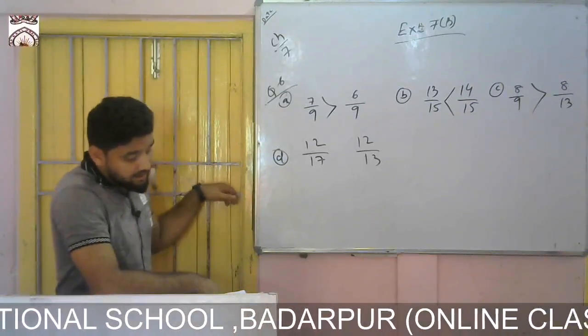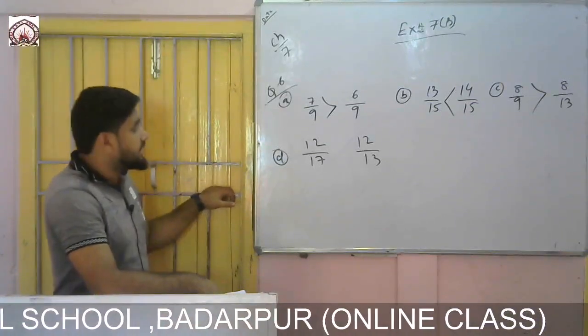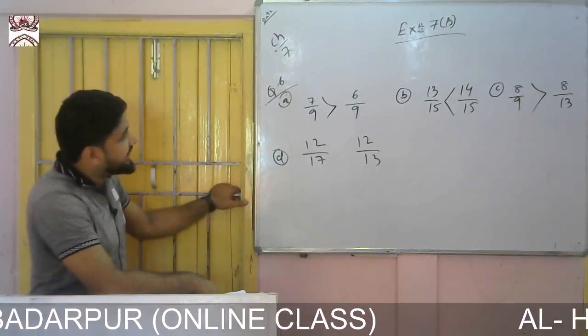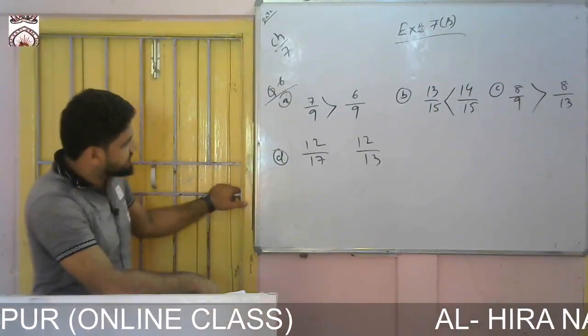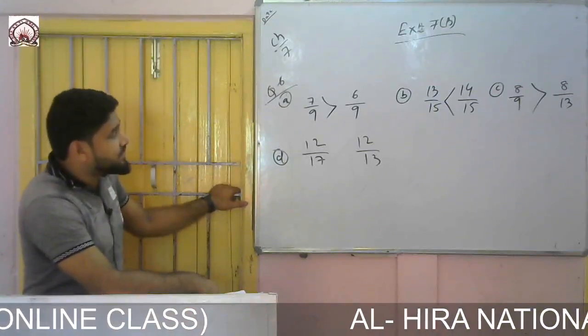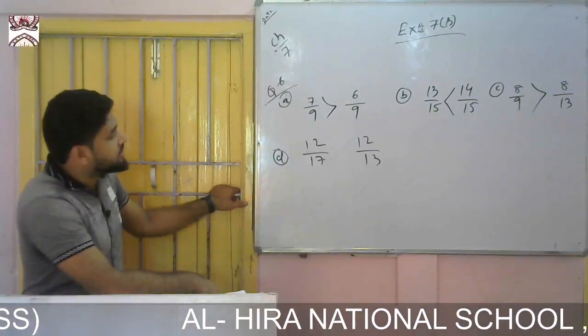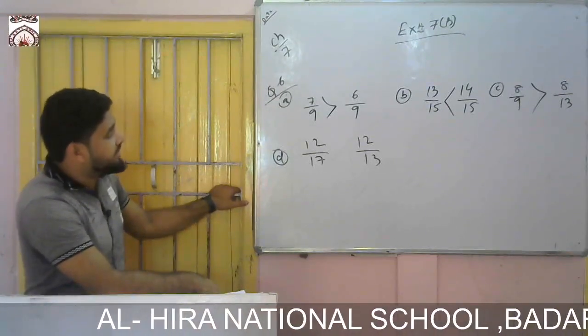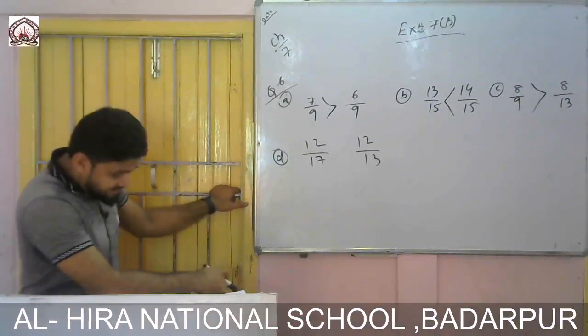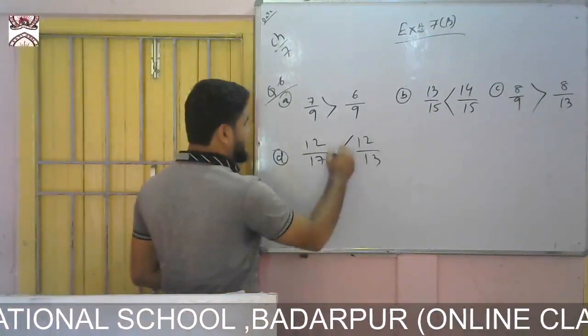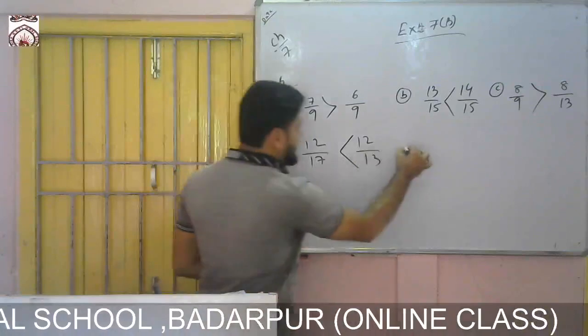All the numerators are the same. If the numerators are the same, then the fraction with the least denominator is the greater one. So this one is greater. Okay.